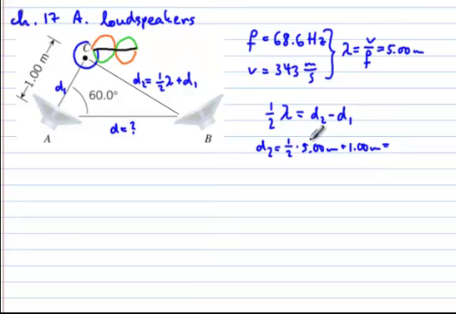That comes out, 2.5 plus 1 is 3.5. So this one here is 3.5 meters long. This one here is 1 meter long. So this one is half a wavelength longer, 2.5 meters. And then I have to figure out what this distance is.